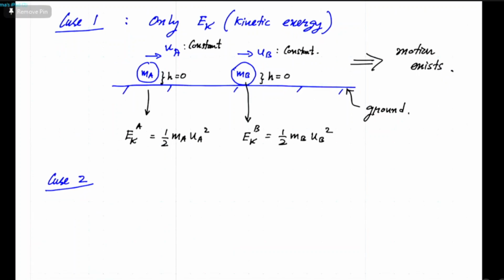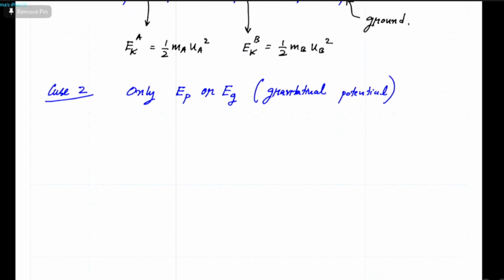Let's move into our case 2. In case 2, only EP, or some people write EG. This is gravitational potential. So in that case, your ground is here.